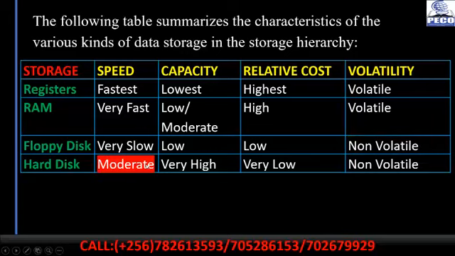Hard disk: speed moderate, capacity very high, relative cost low, volatility non-volatile. So there we are trying to learn the difference between these storage devices.